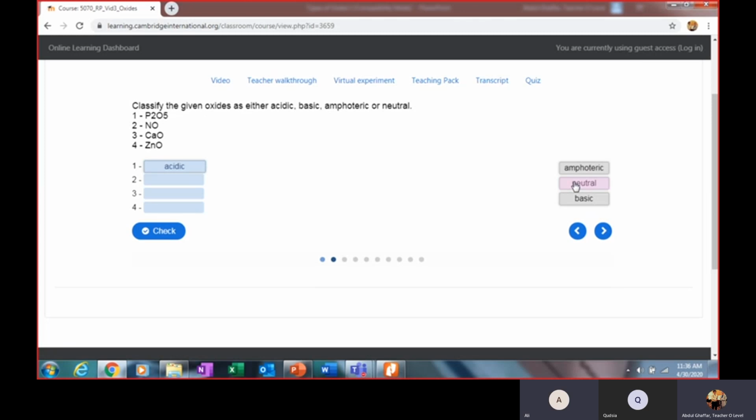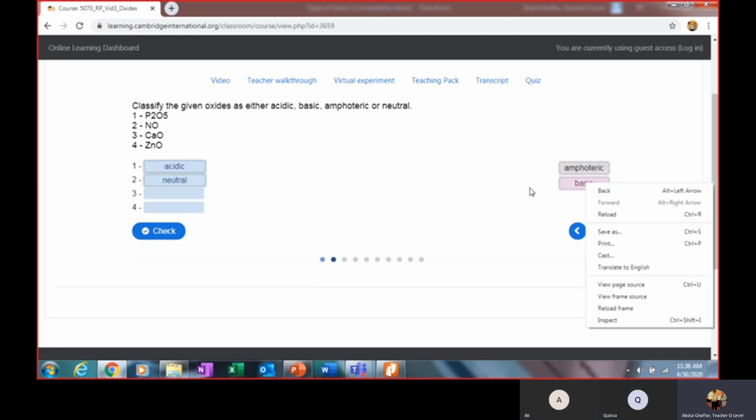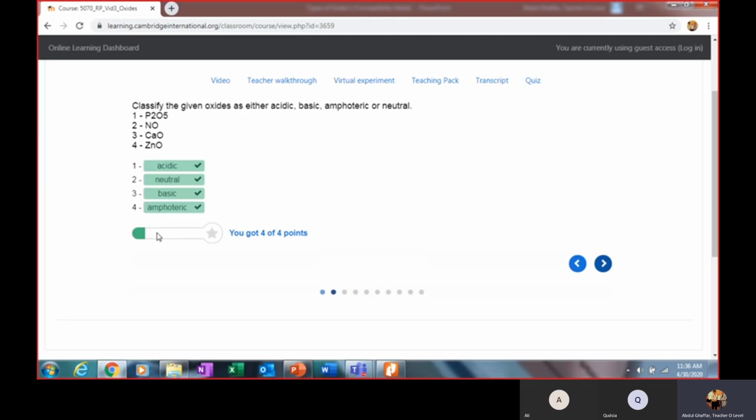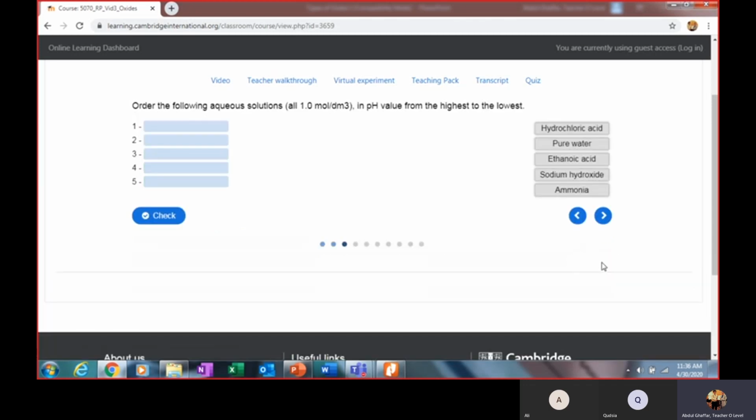Neutral, yes. And what about calcium oxide? Basic. Calcium oxide is a basic oxide. And last one, zinc oxide, as you know, is an amphoteric oxide. Okay, well done. Now the next one.